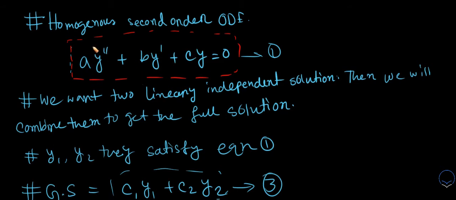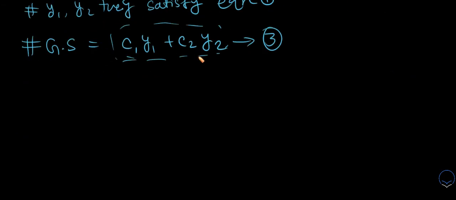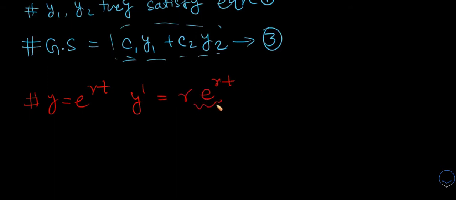So that's where this idea comes from. We want to retain the shape of this equation, and a possible candidate can be e to the power rt, because if you differentiate it one time, this is just r e to the power rt, which is just ry, right?